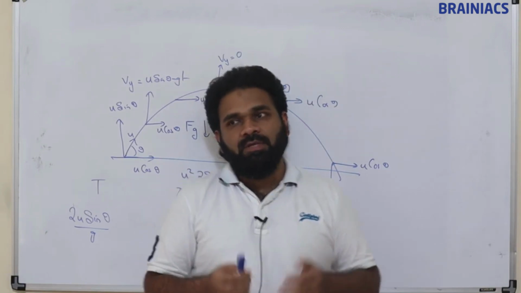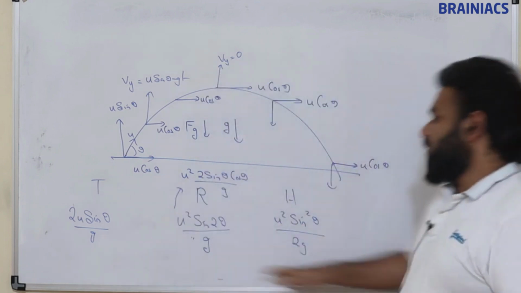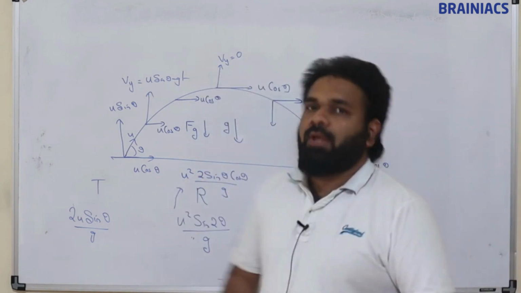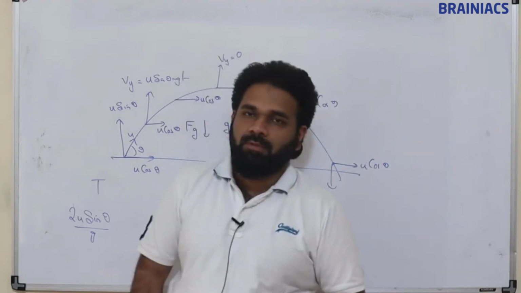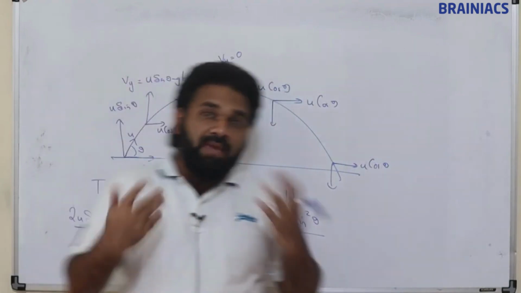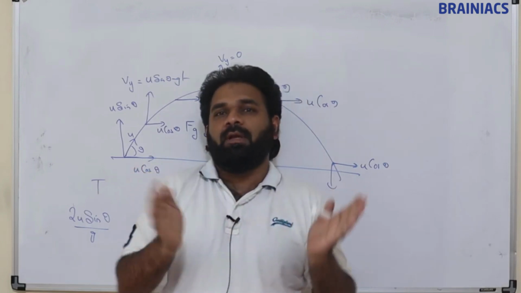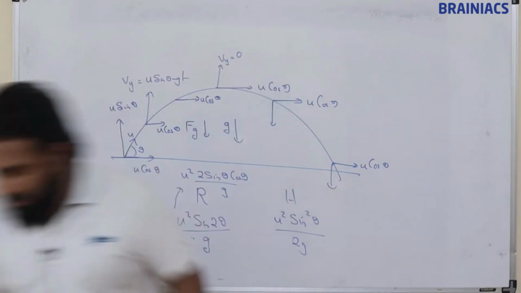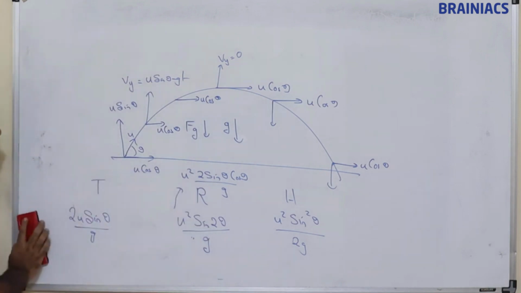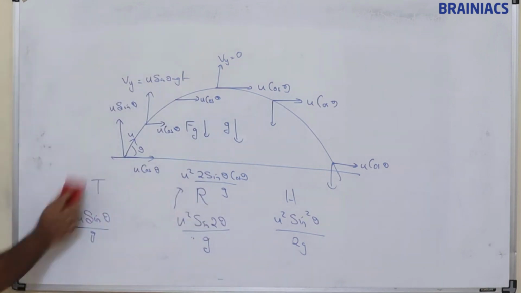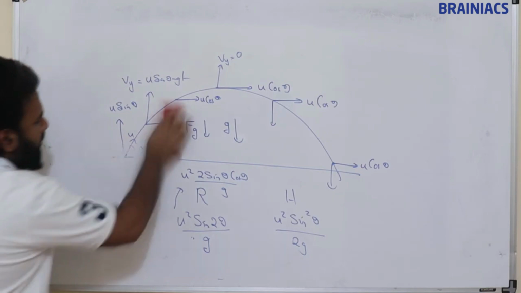Using those basics only we have derived all these. So today we will do some problems which will help us understand how to apply vector algebra separately for vertical and horizontal. Quick revision we have done, we will do problems.